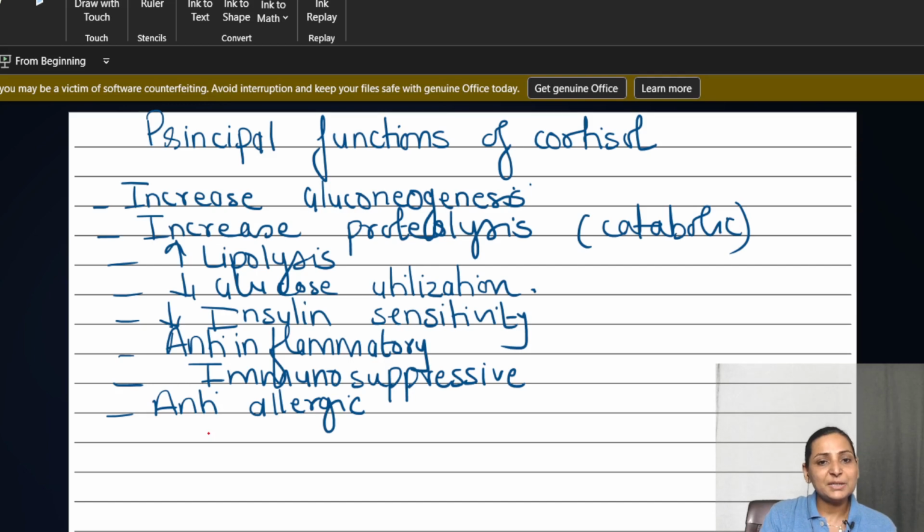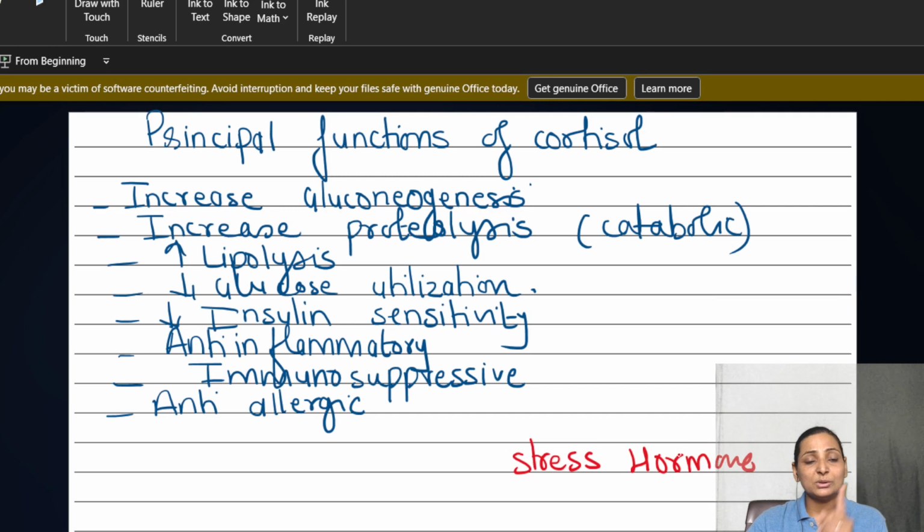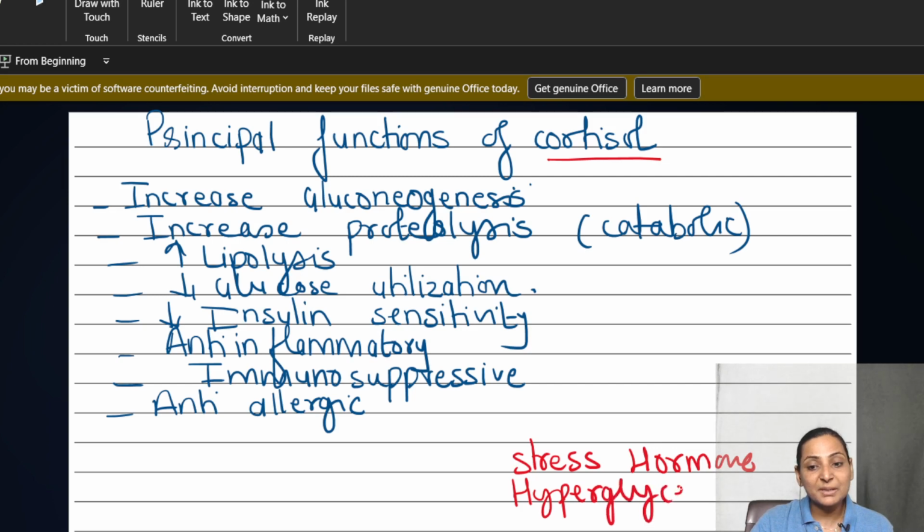Now, what are the very important principal functions of cortisol? I have just highlighted the points, but if it is an LAQ, you will have to cover these points, writing at least 2 to 3 sentences about each point. One important thing, it is called a stress hormone. So if you get an MCQ on which is the stress hormone, the first correct answer will be cortisol. Second, it is a hyperglycemic hormone, one of the hormones which increases the glucose level.